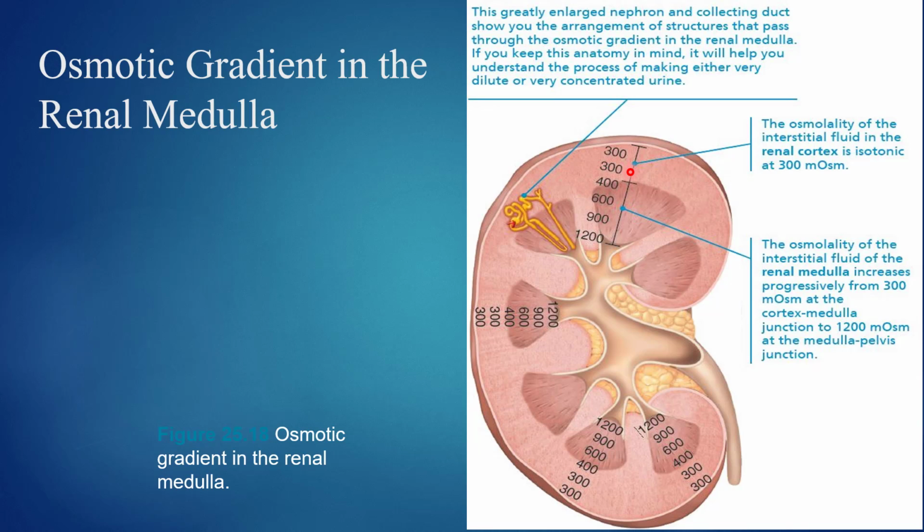Take note that the osmolarity of the interstitial fluid in the renal cortex is isotonic at 300 milliosmol. Now, the osmolality of the interstitial fluid would increase progressively from 300 all the way down to as high as 1,200 milliosmol at the medulla pelvic junction. Just imagine that. How that happens, we are going to discuss.